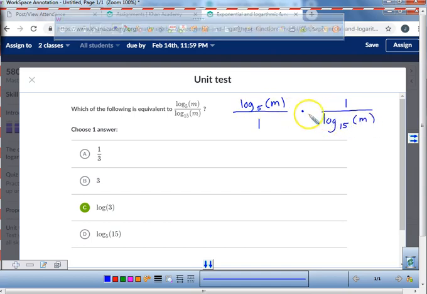So we're going to decompose this a little bit. Then we're going to do the change of base formula. With this one right here, we're going to write log of m over log of 5, times 1 over this.